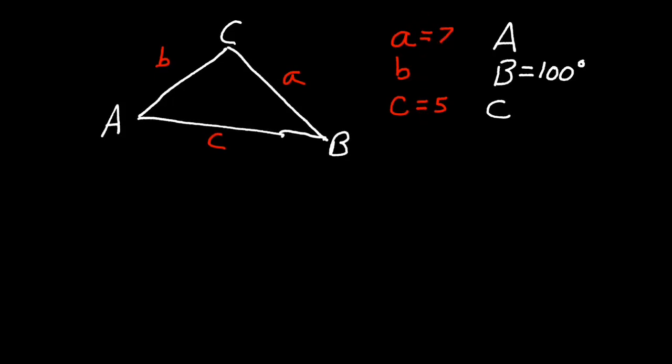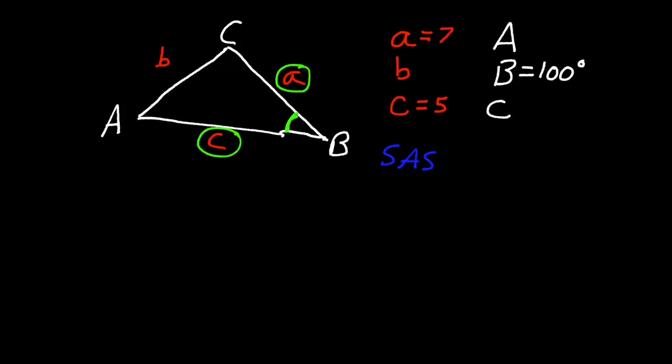Notice we know A and we know C, so I'm going to circle A and C. And then we also know angle B. We only know angle B. So there's my angle there. Hopefully, by drawing those out, we can see that this is a side angle side setup.